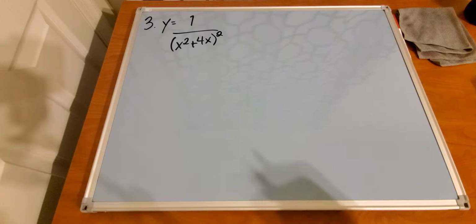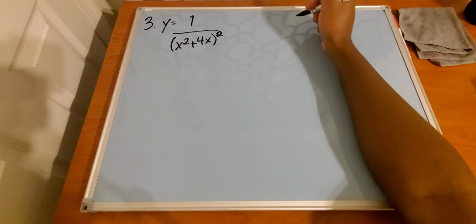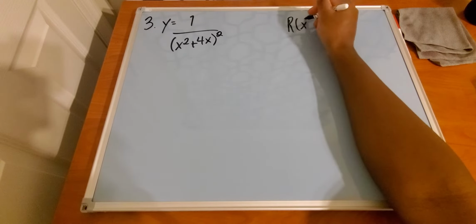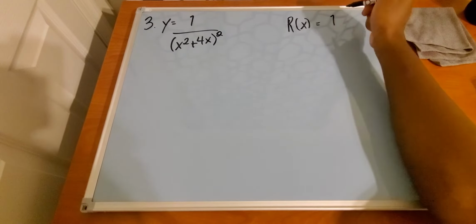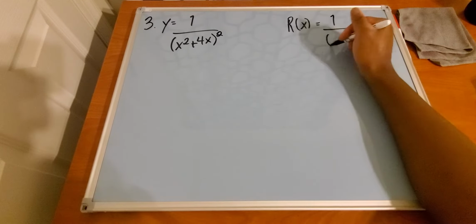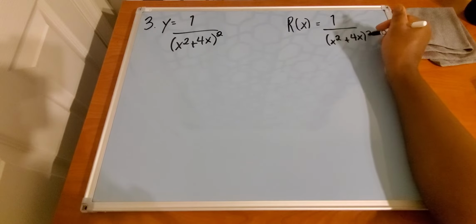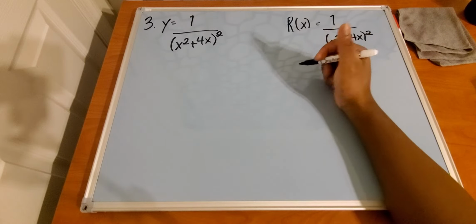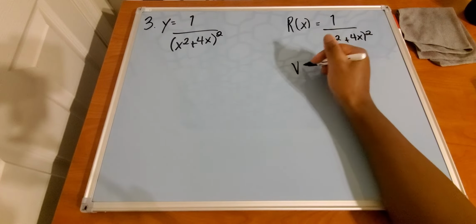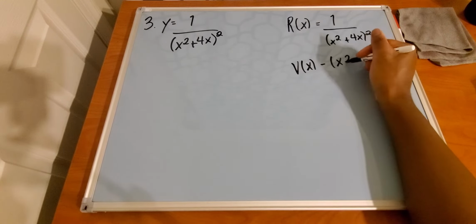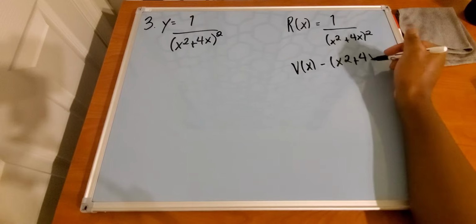So right off the bat, let's just identify our components. So the function that we'll be using the reciprocal rule on, our r of x, so to speak, is the entire function. So it's 1 over x squared plus 4x squared. Our function in the denominator, our v of x, well, that's just going to be our x squared plus 4x squared.